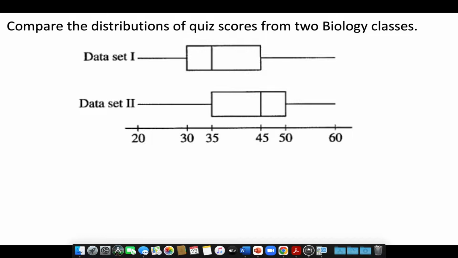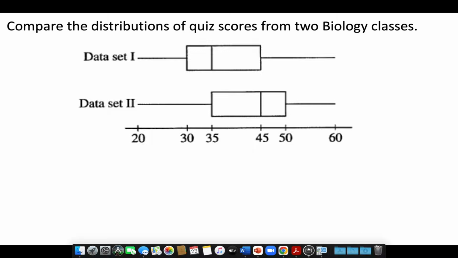Spread. So we would say the IQR of data set 1 is roughly 15. The IQR of data set 2 is 15.